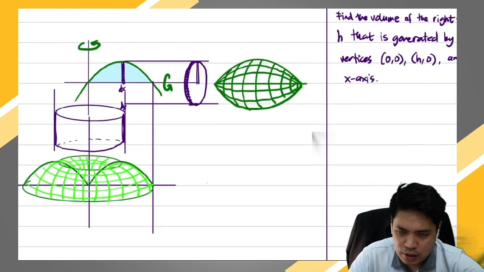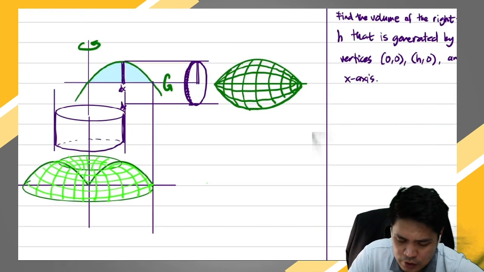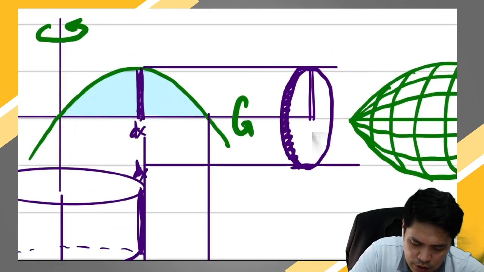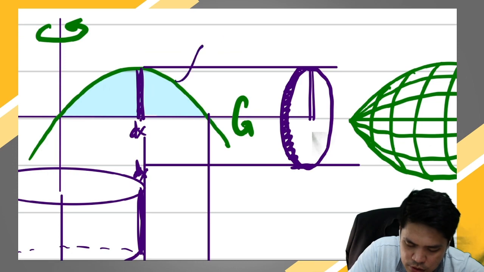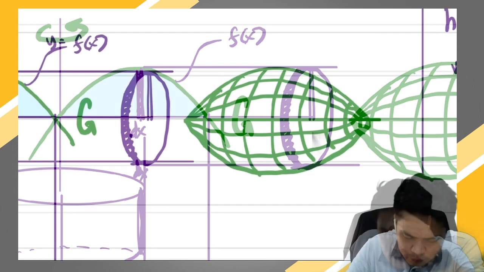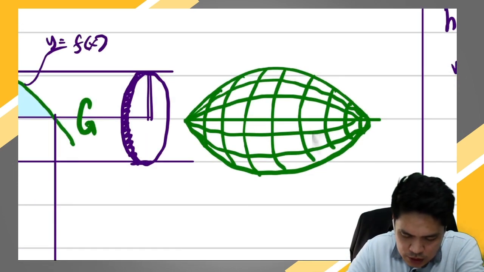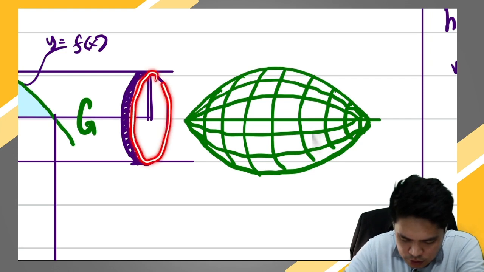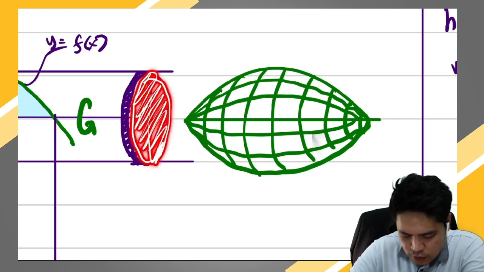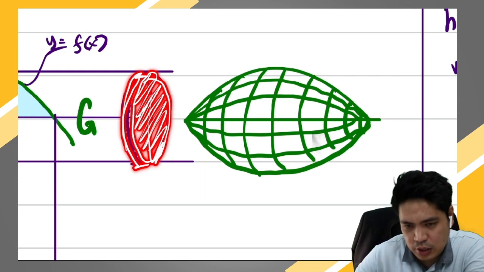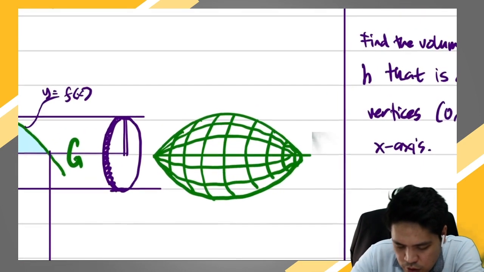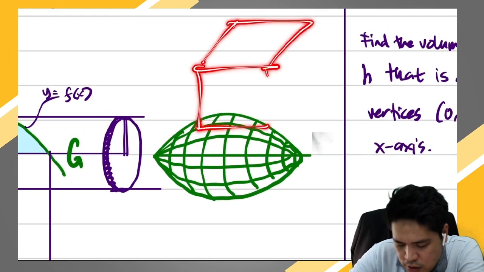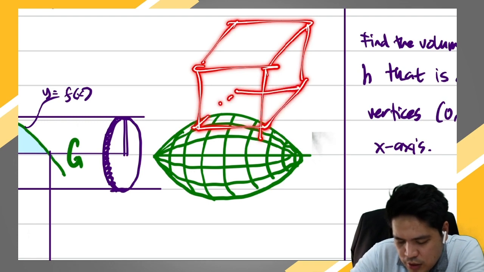Okay, so we have two approaches. Now, how do we get the volume of this? Remember, in this particular function under this curve, we call this f of x. The volume of this disk is simply the area of the face multiplied by its thickness. If you recall, for example, you have a box: length times width times height is the volume.